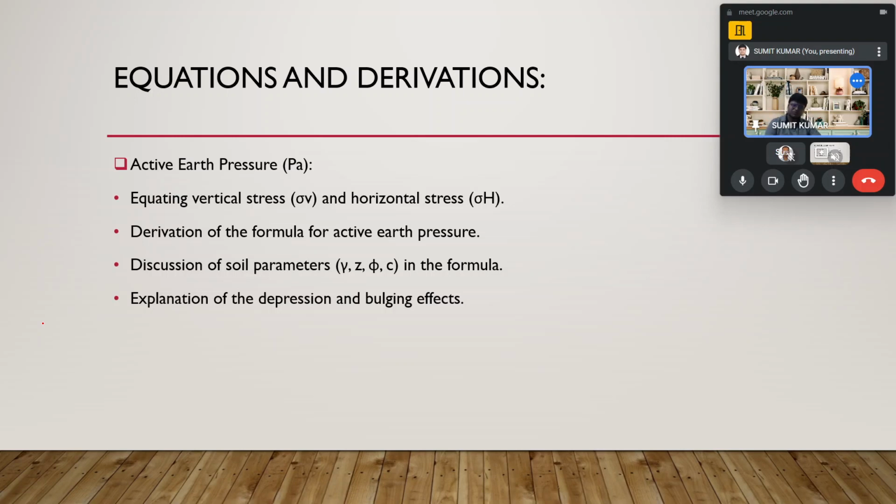Okay. For the active earth pressure, we have to calculate the vertical stresses, and vertical stress is nothing but gamma z. But when we talk about vertical stresses, we are calculating the effective vertical stresses. And we already know the horizontal stress is K times the vertical stress. So in cohesionless soil, the horizontal stress is nothing but K into the vertical stress.